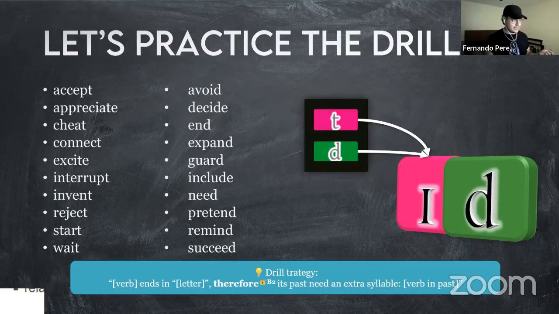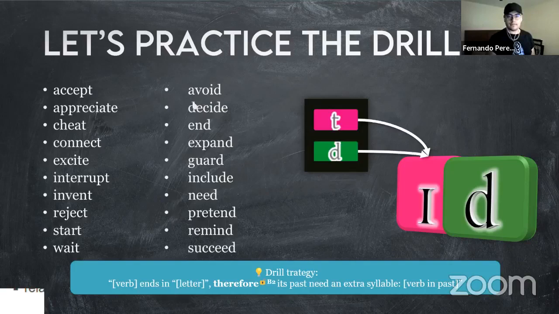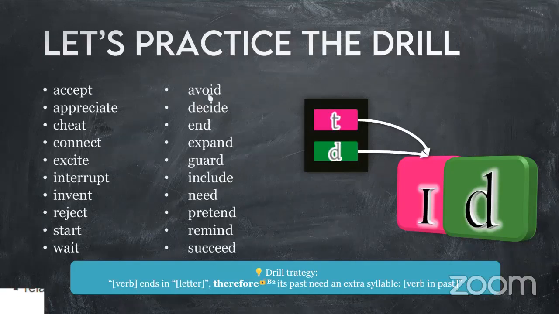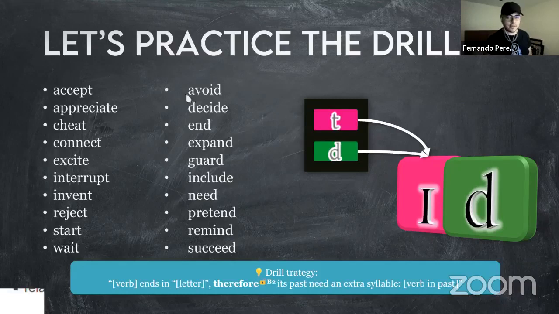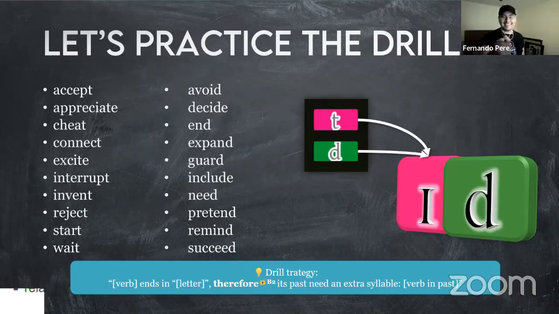Yes, teacher. Let's practice. Val, what is the logic behind the past of avoid, for example? Avoided. Well, the logic is here. Avoid ends in T. No, in D. But you fell in my trap.